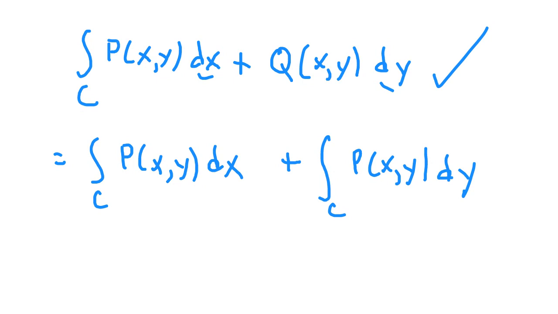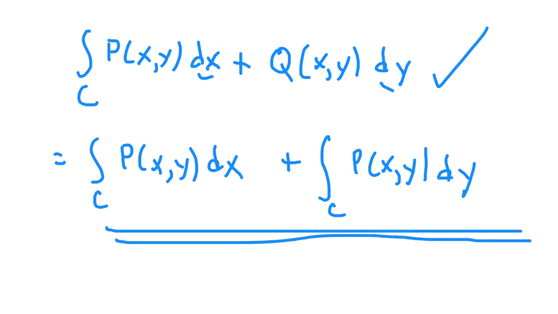Now, of course, what's going to be required is parameterization of your space curve for these kind of problems. And when we return on Thursday, I'm going to do an example in the book where you are actually doing the sum of two line integrals, one with respect to x and one with respect to y.